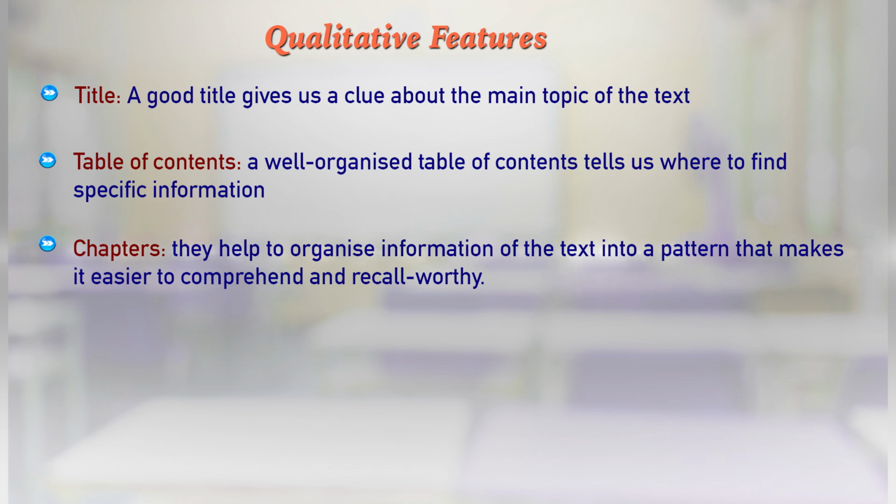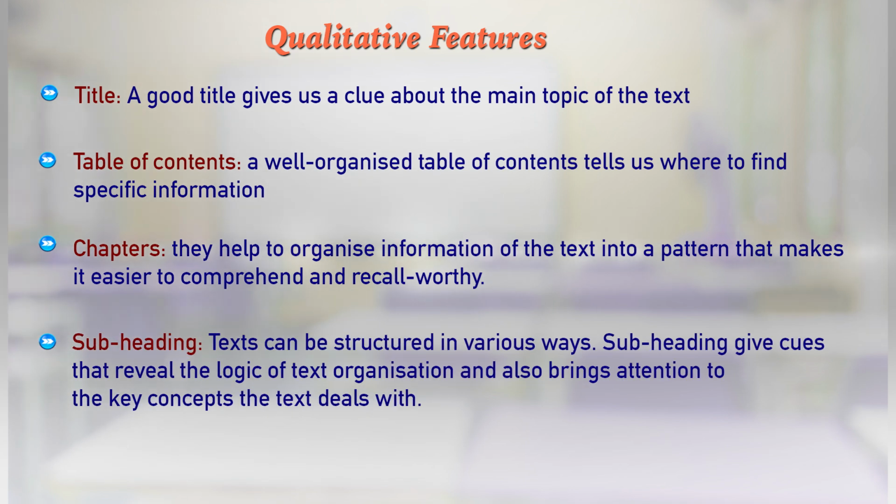Texts also have chapters, which help to organize the information of the text into a pattern that makes it easy to comprehend and also makes it recall-worthy. Again, texts can have subheadings. Now, subheadings are structured in various ways. Subheadings can give cues that reveal the logic of text organization and also bring attention to the key concept the text deals with.